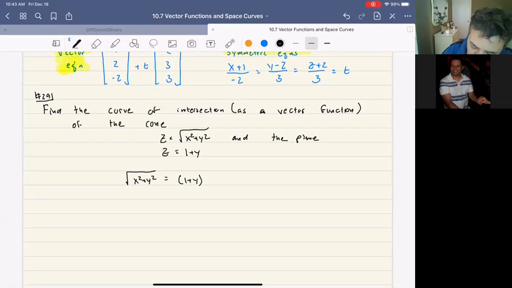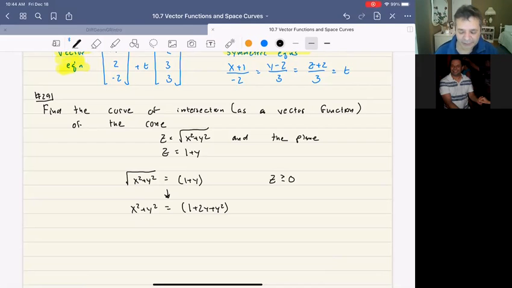Square both sides. Because z equals the square root of x squared plus y squared on this cone, that's actually just the top half of a cone. So we're going to square both sides, and we're restricted to both of these being greater than or equal to 0. This definition tells us that z has to be greater than or equal to 0.